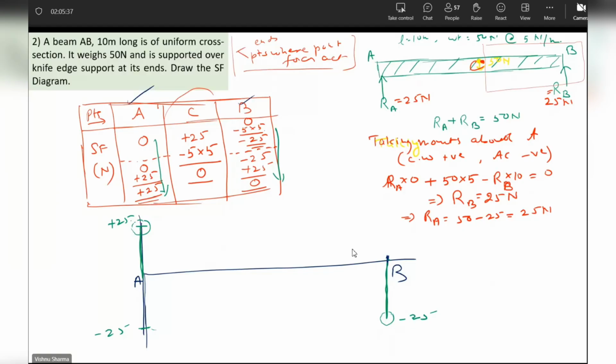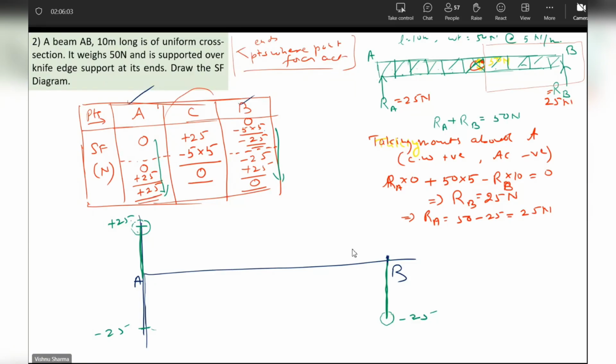Guys, disregard C here now. When I go from A to B and I divide this beam into 1 meter sections, is the change in force taking place at a uniform rate? Yes or no? From plus 25 to minus 25, is it changing at a uniform rate? Yes, sir.